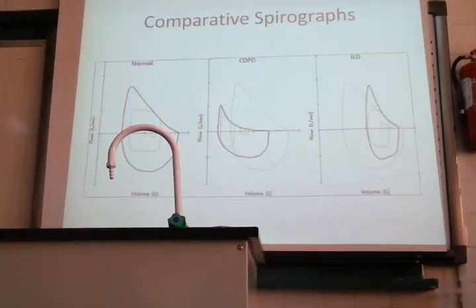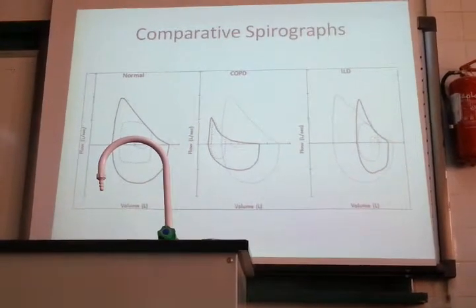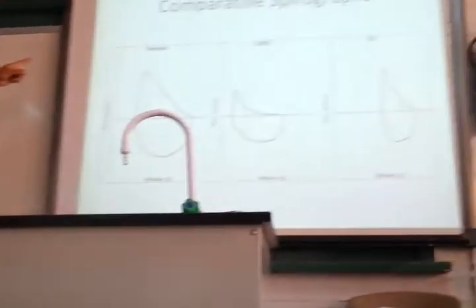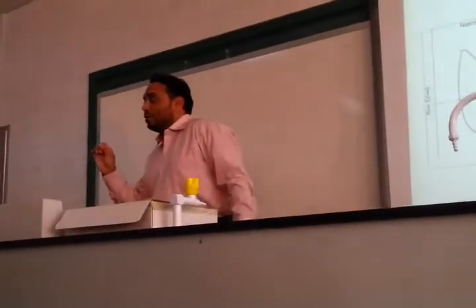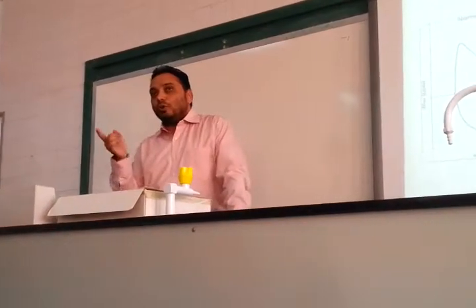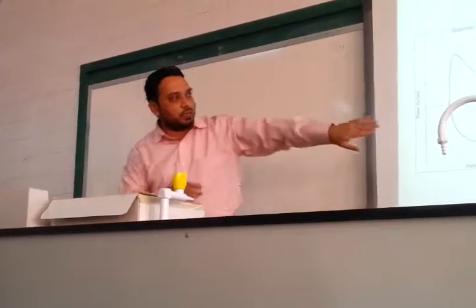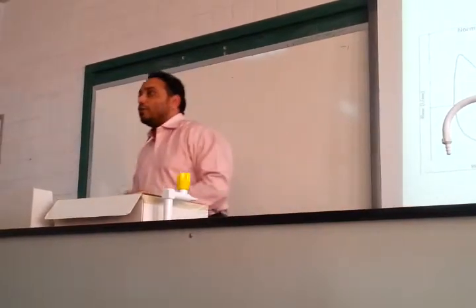Why is it like that? Because of the new electronic methods. The previous chart that I showed you used the old method, the old spirometer. We have this in the other room. It is called a water spirometer.